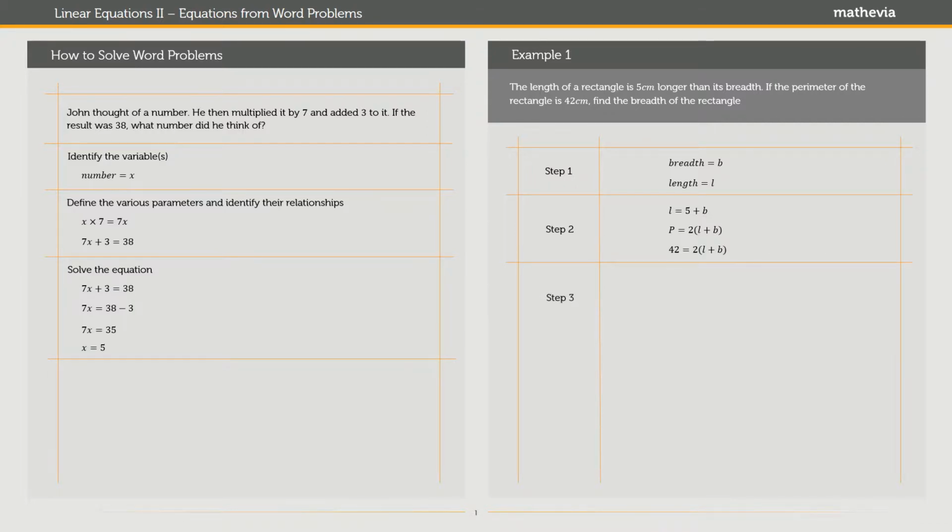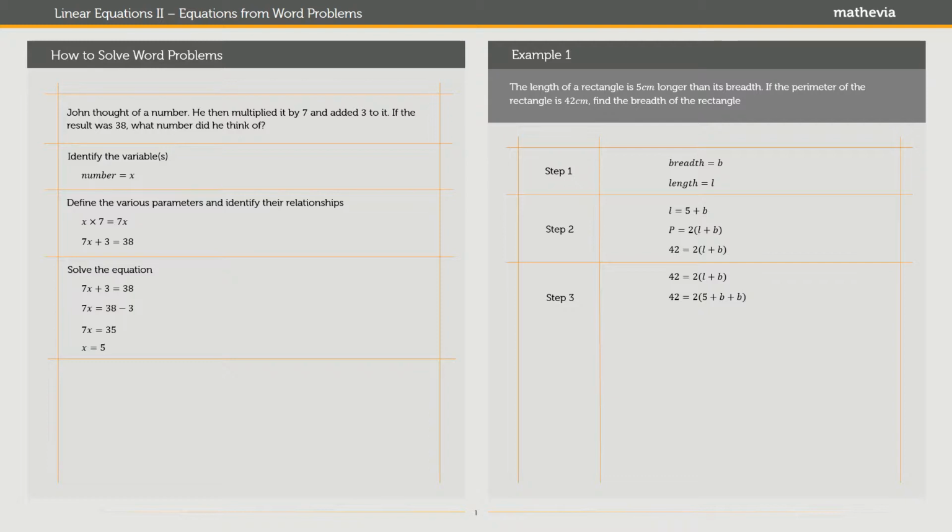Now, we were told that the length equals 5 plus b. So one thing we can do is substitute 5 plus b for length, for l, in our equation there. So basically we have that 42 equals 2 times length plus breadth.